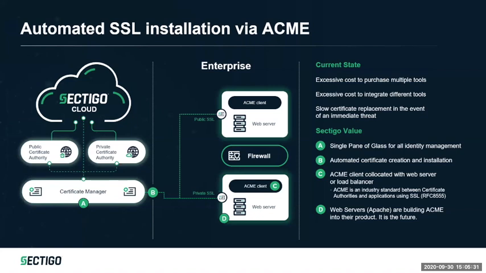And the privately trusted one will be talking to the private CA from Sectigo on the cloud. But as architectural components, the ACME client is going to talk to our certificate manager. Certificate manager has an extension, the ACME server that we have built. It's sitting on the Sectigo cloud, so you don't get to see it. You don't need to see it, but you'll be able to control it via the certificate manager.